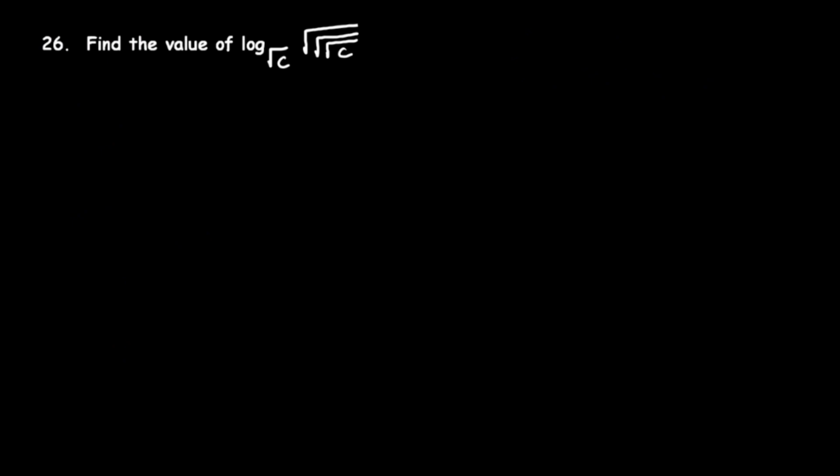Right. Find the value of log root of root c base root c. That is completely the square root. So we do the rough work for this here. You know root c equal to c to the power of 1 by 2. Root of root c, that means you get c power 1 by 2, that whole power again 1 by 2, that equals c to the power of 1 by 4.